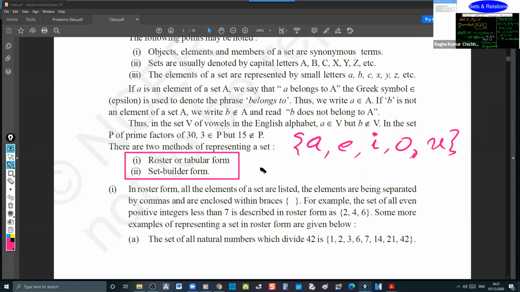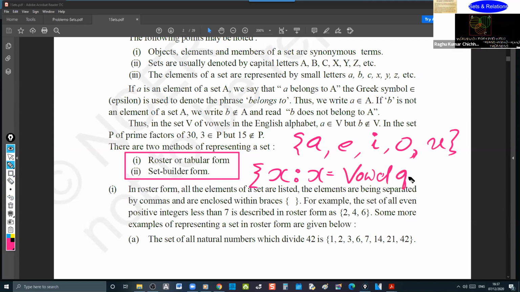Now, set builder form is mostly used, please understand how to write this. x such that, this colon mark is to be read as "such that". x such that x is equal to a vowel of the English language.